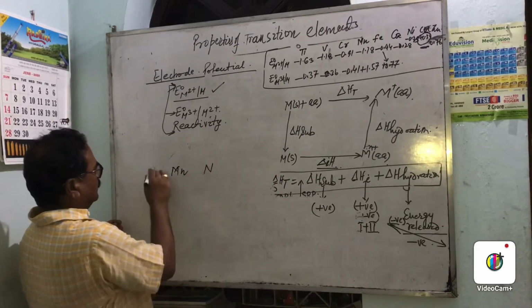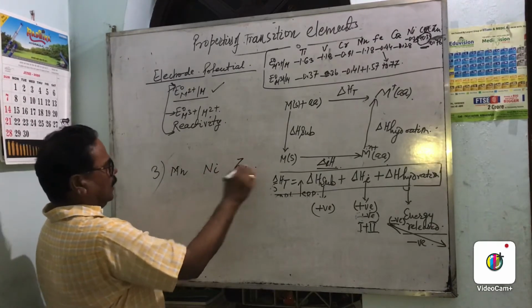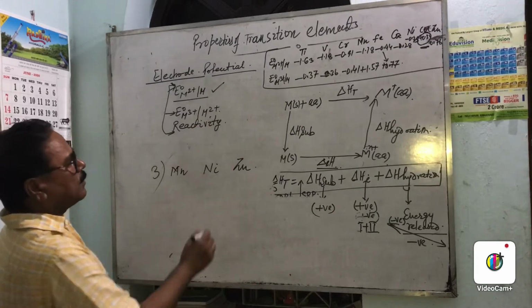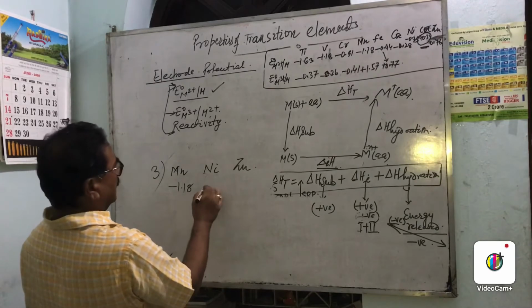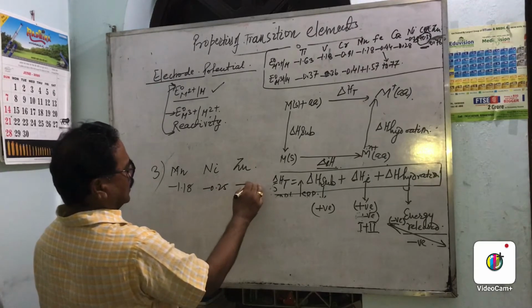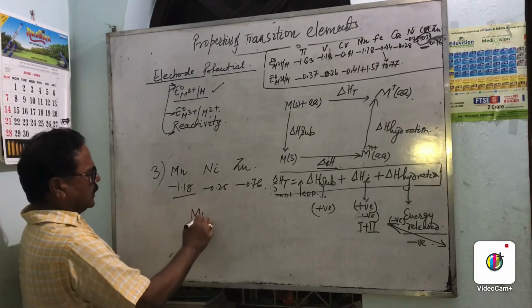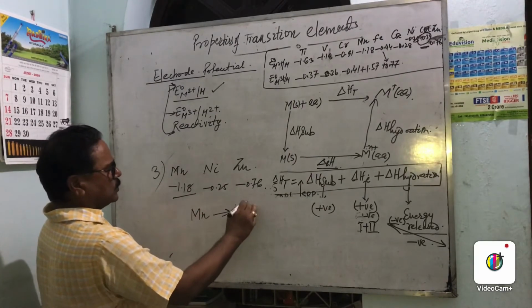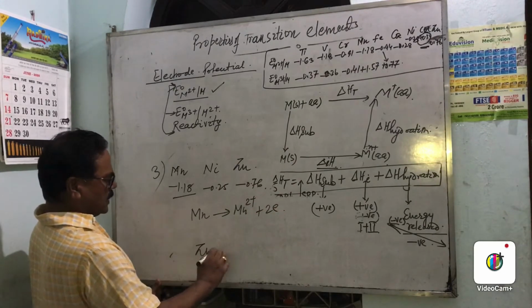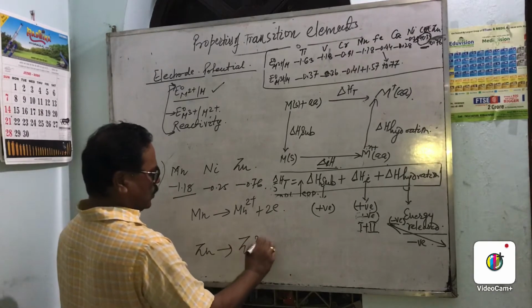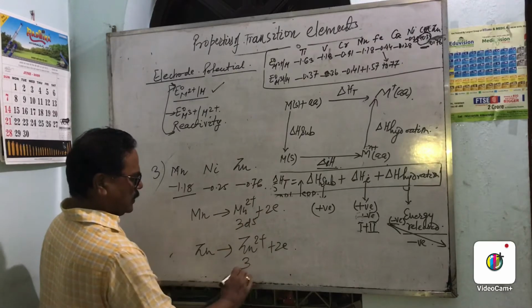The third aspect is manganese, nickel and zinc. The value for manganese is minus 1.18 volt, nickel is minus 0.25, and zinc is minus 0.76. If we consider Mn, Mn will lose electrons to give Mn2+, and Zn gives Zn2+. Their configurations are 3d5 and 3d10.